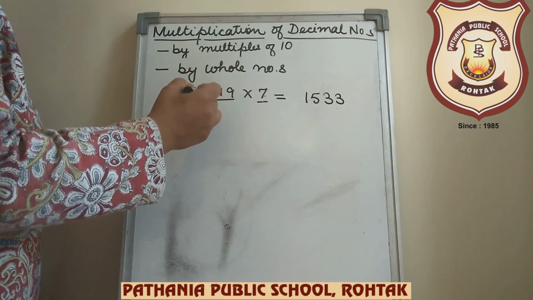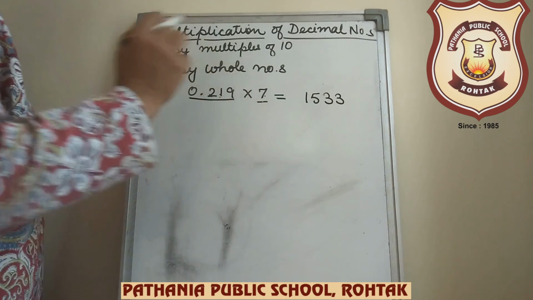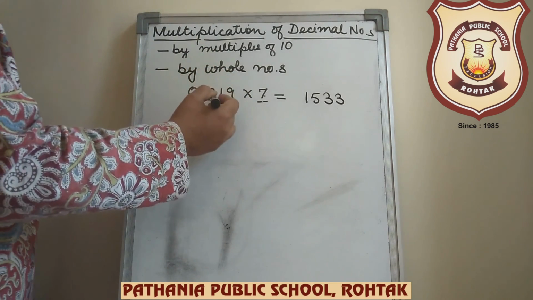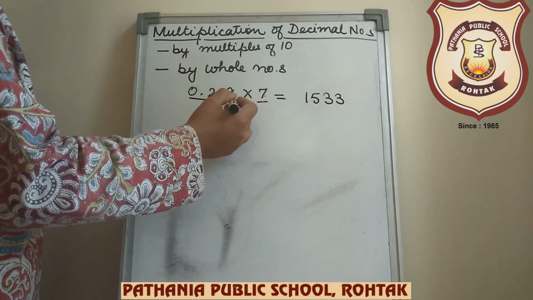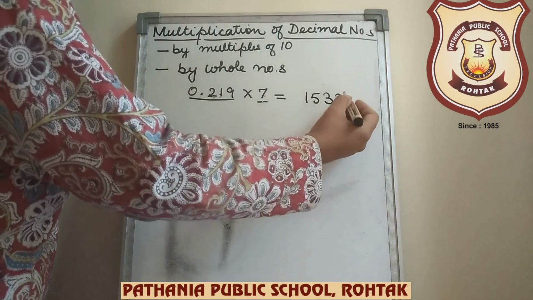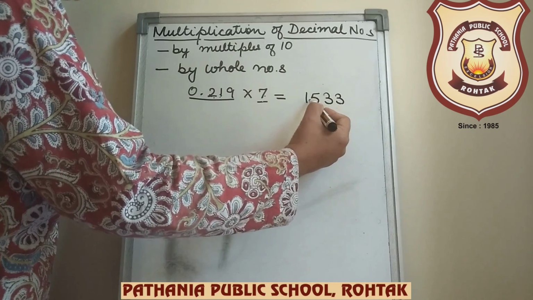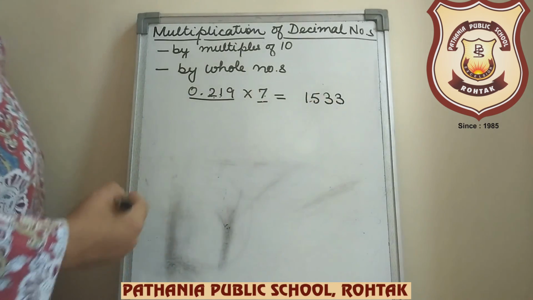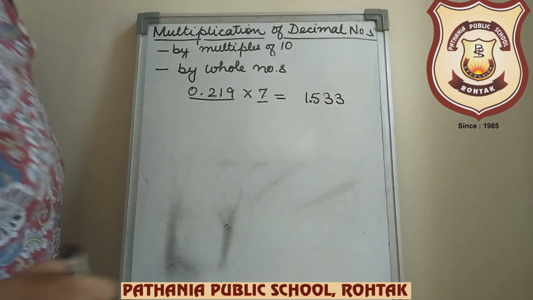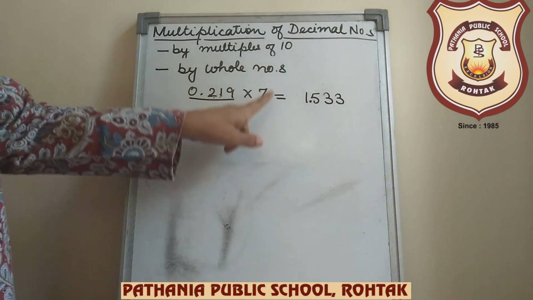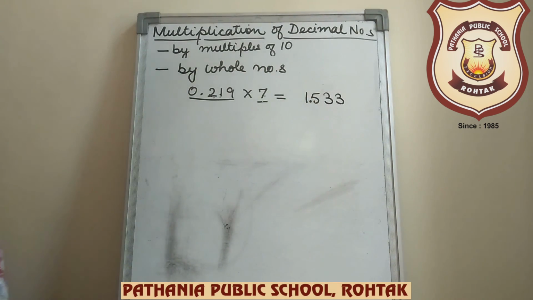Now, after the decimal, how many digits are there? 1, 2, 3. 3 digits. So, from 1's place, you will count 1, 2, 3 and you are going to put decimal here. So in this manner, you are going to multiply a decimal number and a whole number.